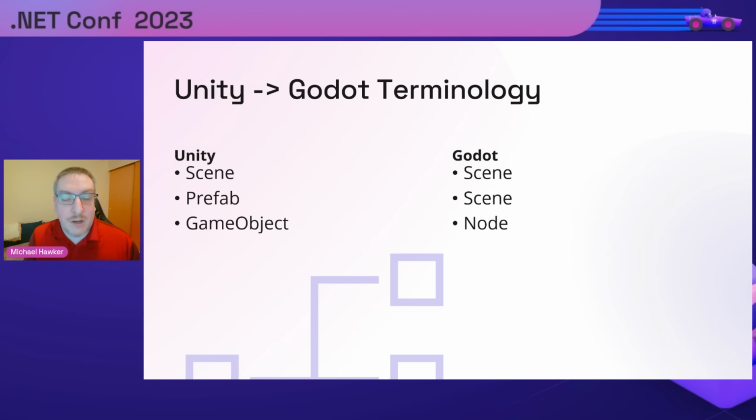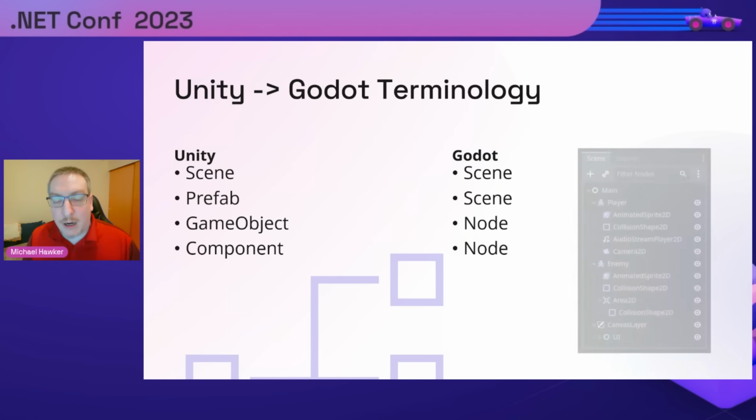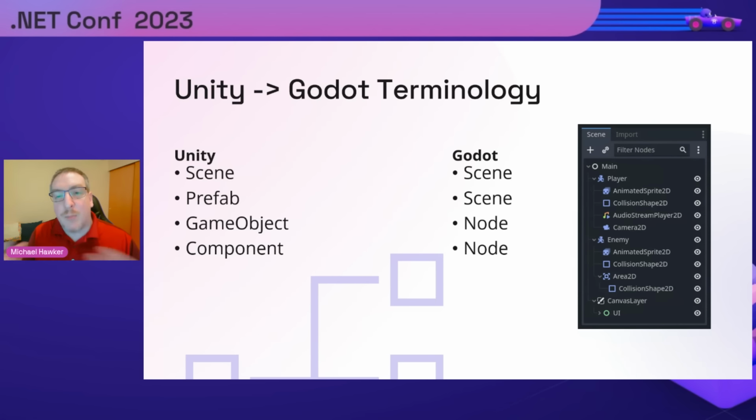And usually those in Unity are game objects. In Godot, those are called nodes. And where in Unity, game objects are made of multiple different components, Godot has nodes for that as well. And so you end up with this hierarchy of nodes within Godot that represents your game object, so to speak. So you might have a player that's a physics object that has another node within it that's the visual, and then a node that represents its boundaries within the physics engine.